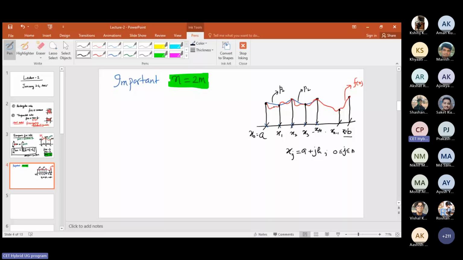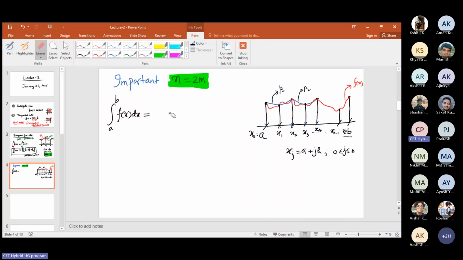Now the integration from a to b of any function f(x) dx will be equal to the integration from x0 to x2. Let me write it clearly for you.